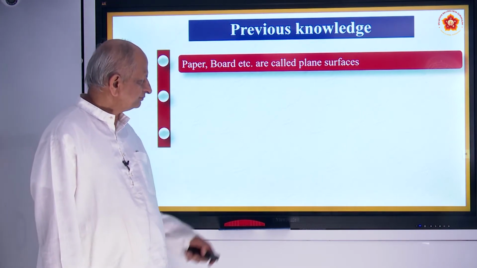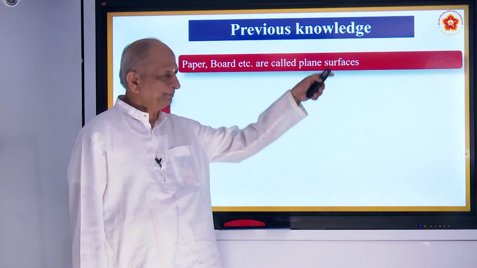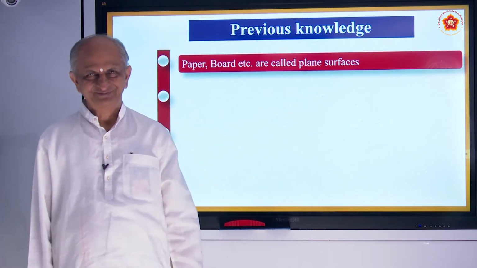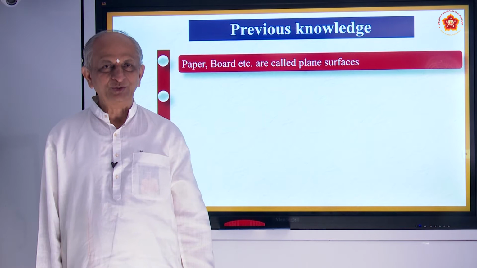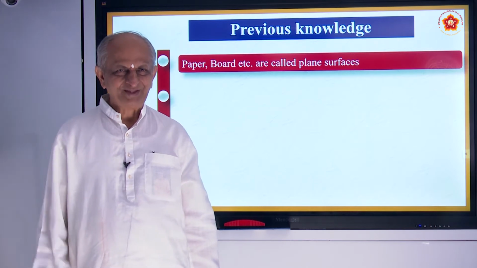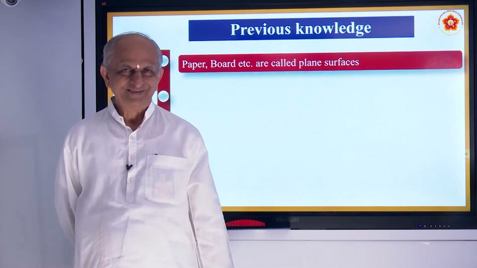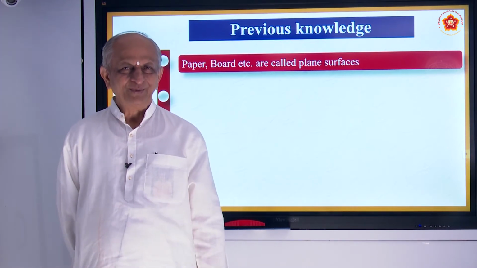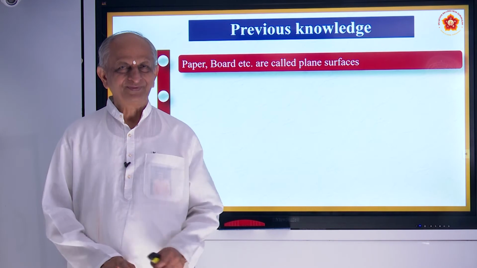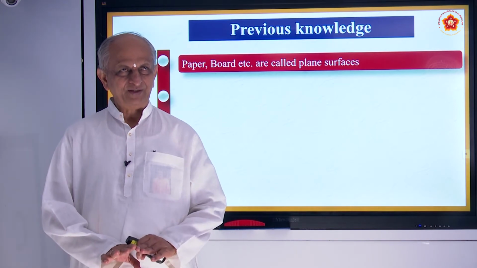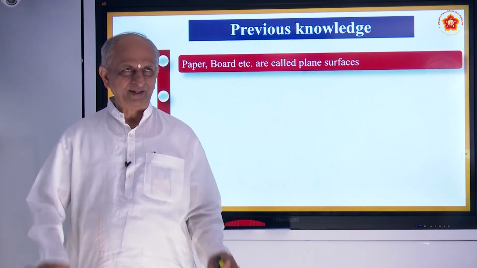We know what are called plane surfaces. You might have heard about plain dosa, masala dosa, onion dosa, and so on. Correct? So, plane means what? It is a surface or a set of points on a single plane.